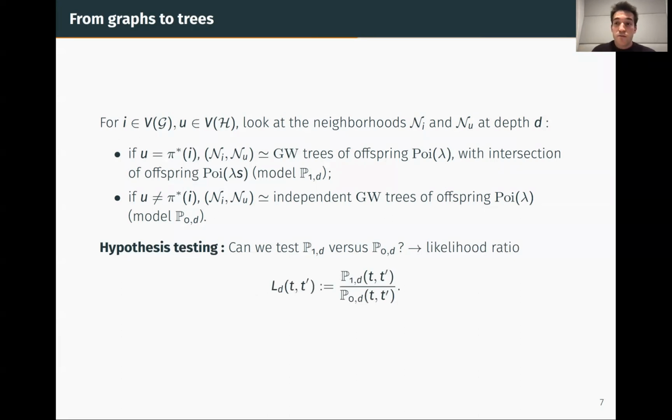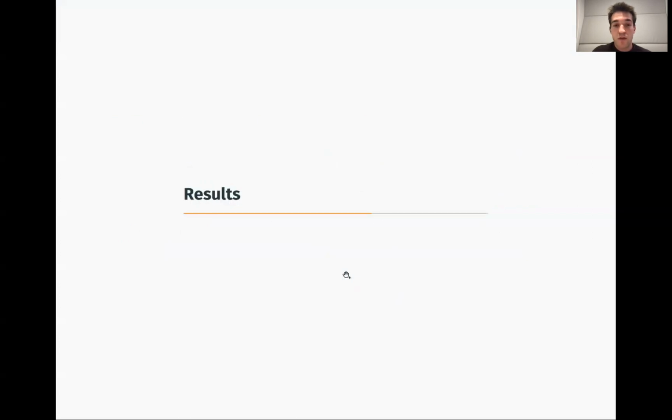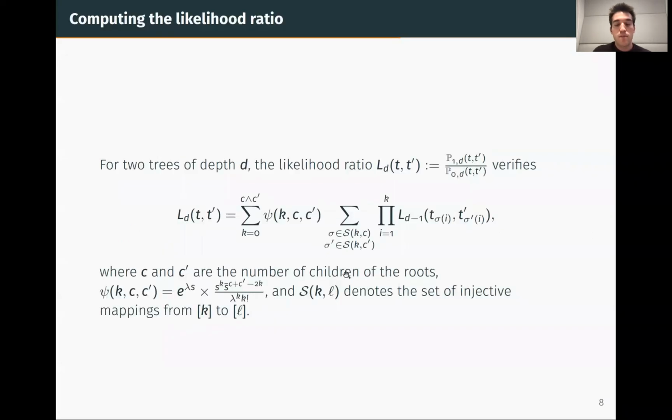For this kind of hypothesis test, it is widely known that one optimal test is based on the likelihood ratio, namely the ratio between the two probabilities of observing two trees T and T prime. If we look at this likelihood ratio, what's quite interesting is that it enjoys a recursive computation, which writes as follows.